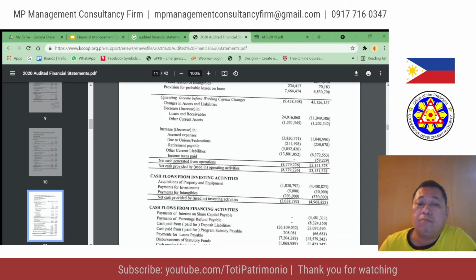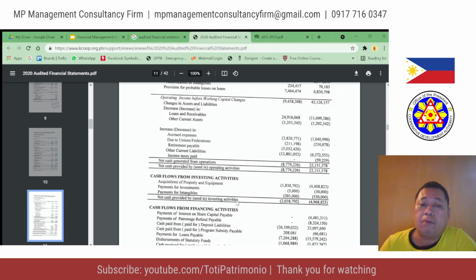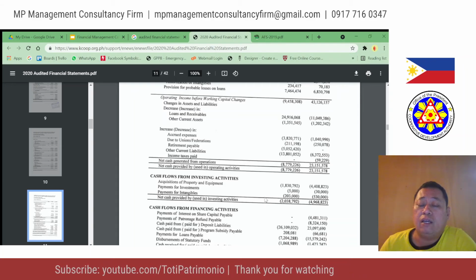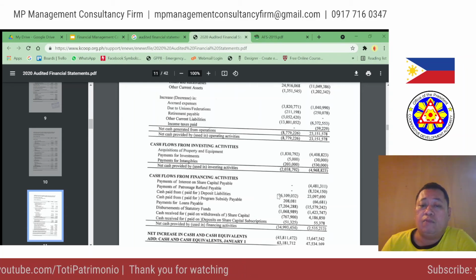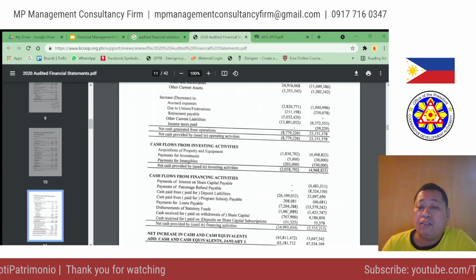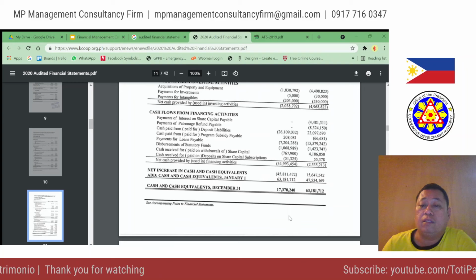Here you can see the payment for investments and the payment for intangibles. Here, the non-earning, non-current assets can be seen in investments. Another is the cash flow from financing activities. This one is the activity on the liabilities of the cooperative, how the operation of the cooperative is financed.